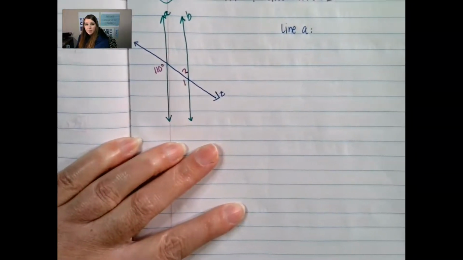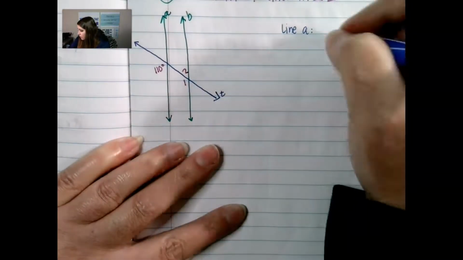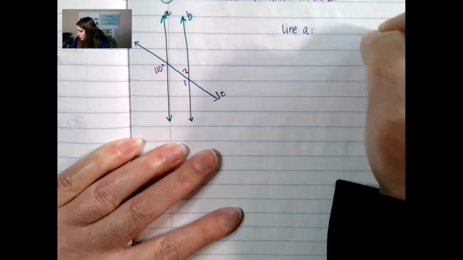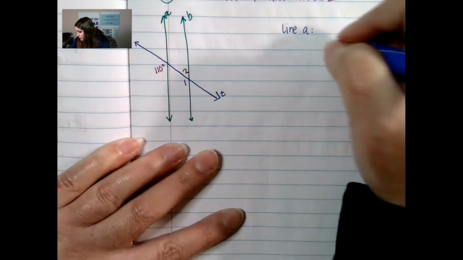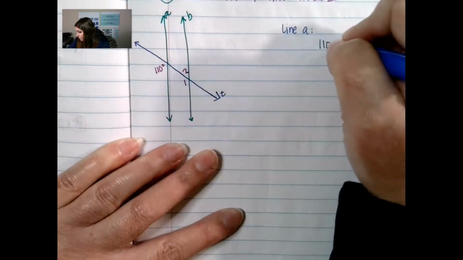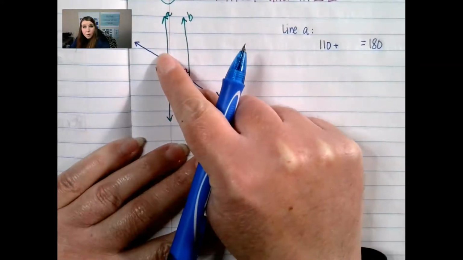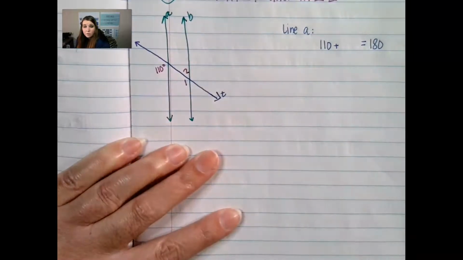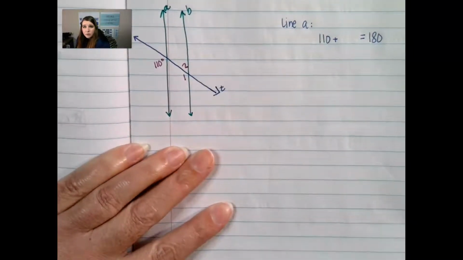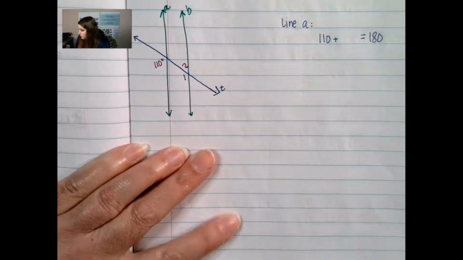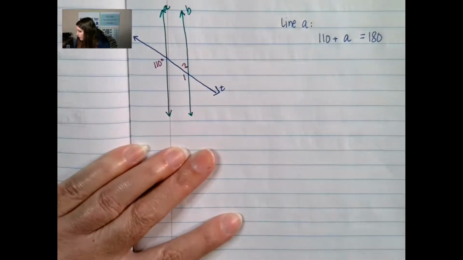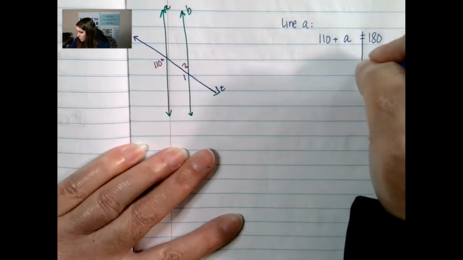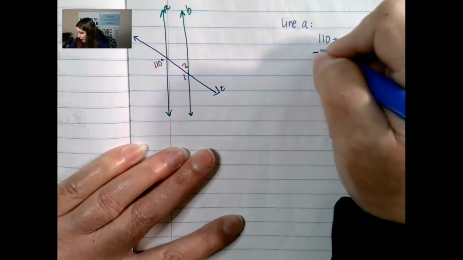in our parallel line, and we know that we want it to equal 180. I know I have 110 plus some unknown, so use whatever letter you want for your unknown. I'll probably just use the A because it's from line A, and I'm just going to solve my one-step equation just like I have been.